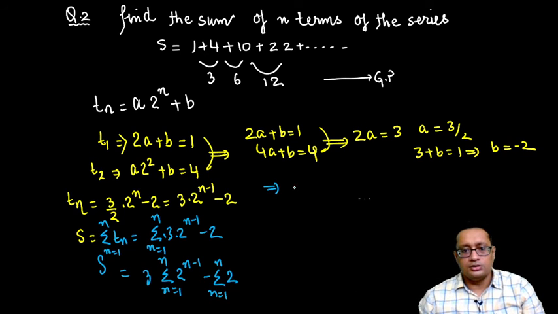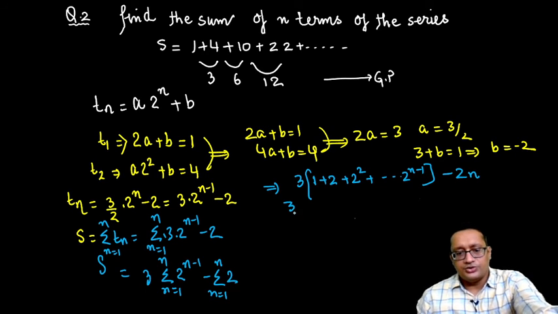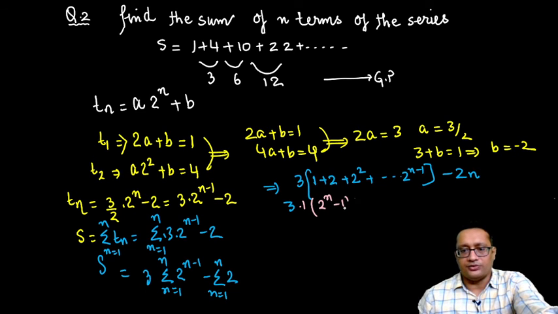See here, when I place 1, it becomes 1, then 2, 2 square, and last 2 to the power n minus 1. And this becomes minus 2n. So this is a GP, whose sum is 1 into 2 to the power n minus 1 upon 2 minus 1, minus 2n.